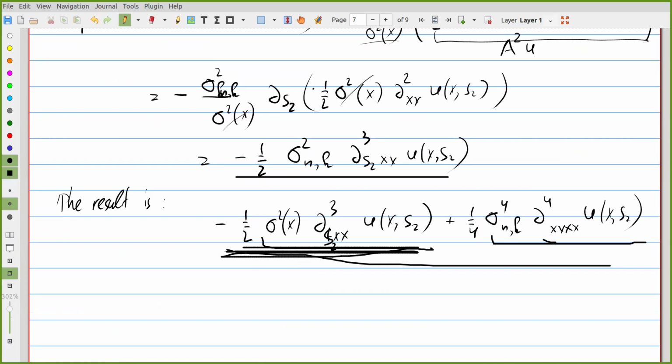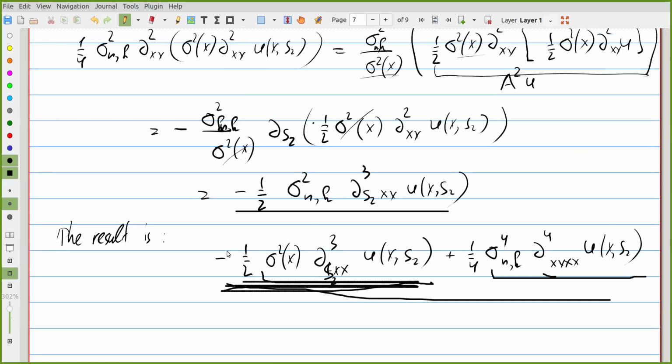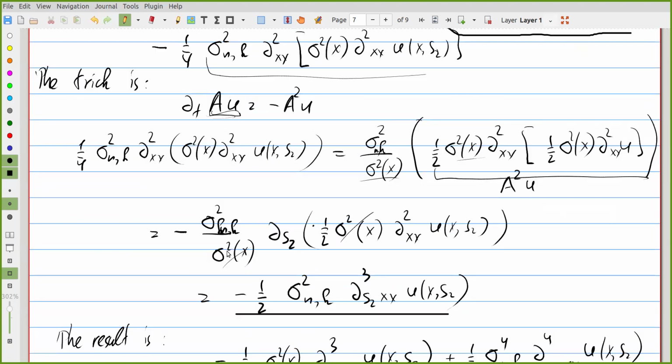The only problem that I see is that I somehow got wrong coefficients.